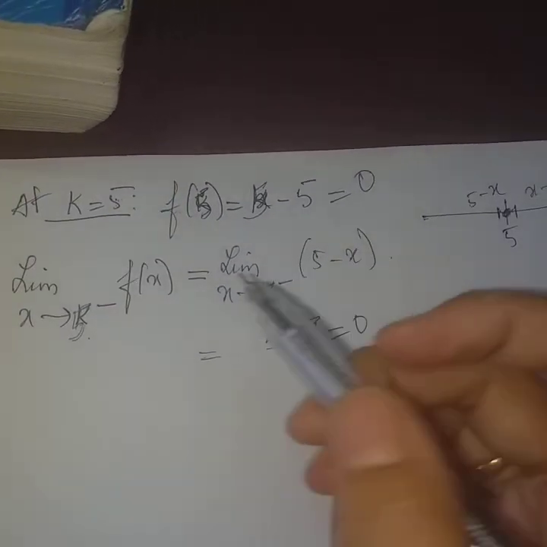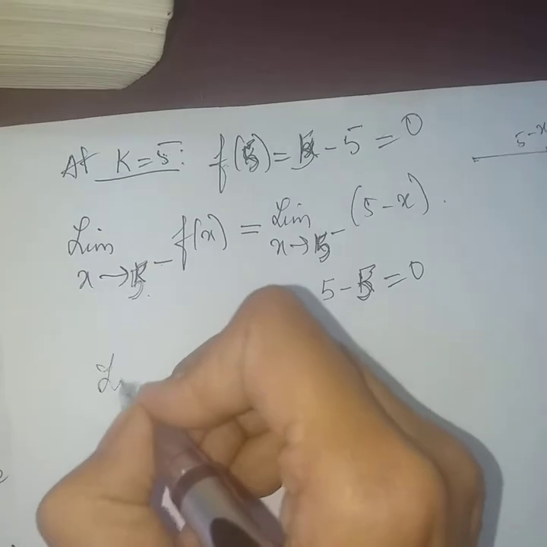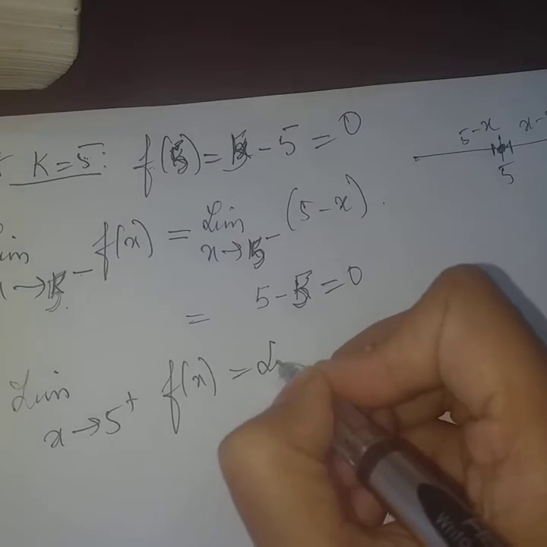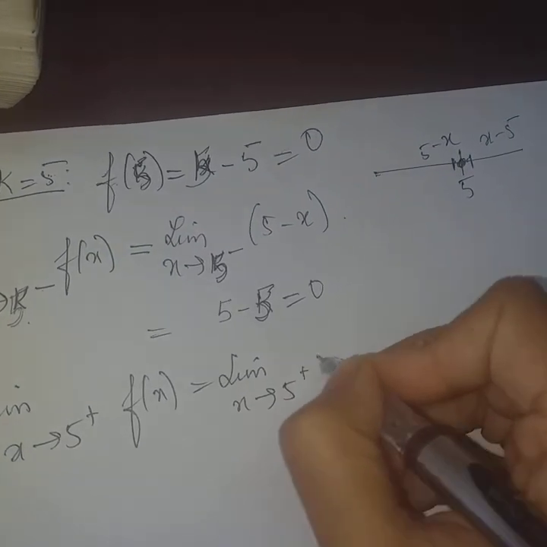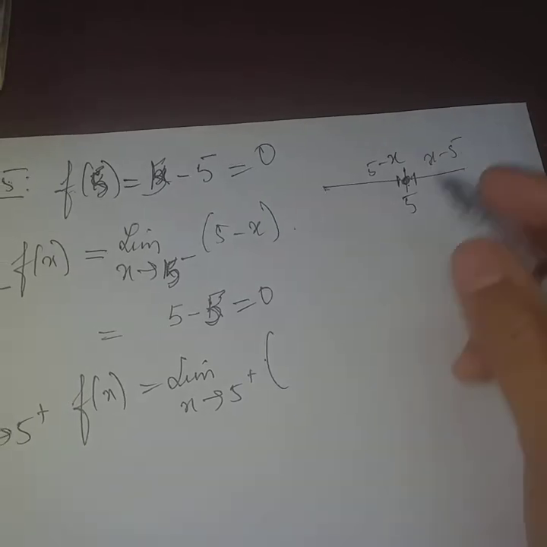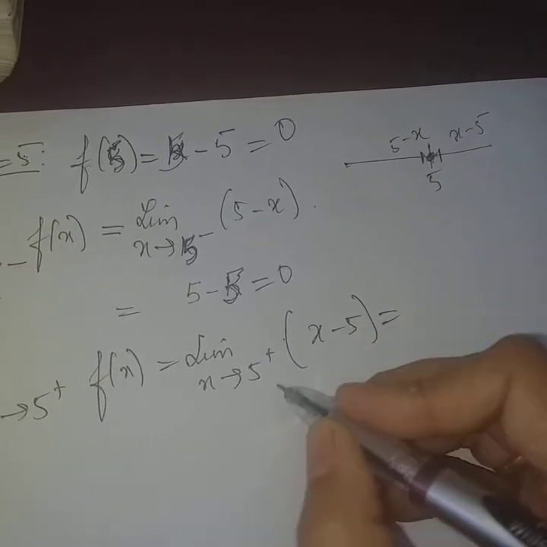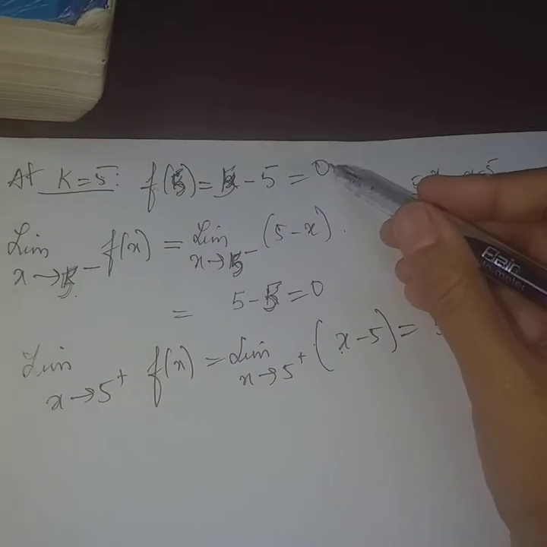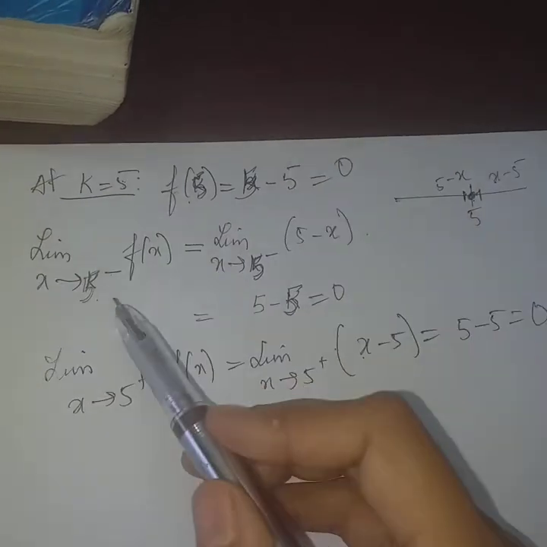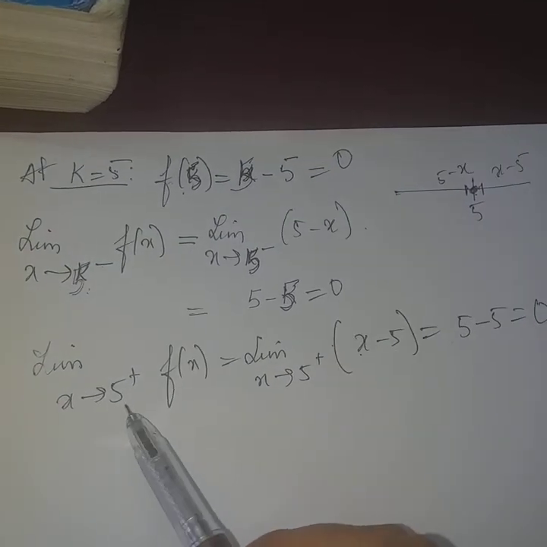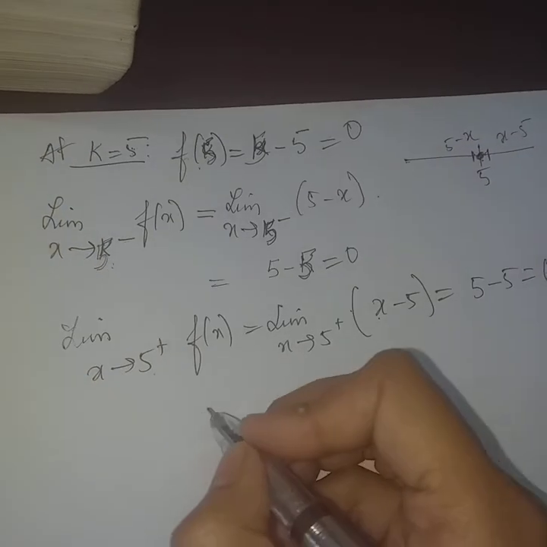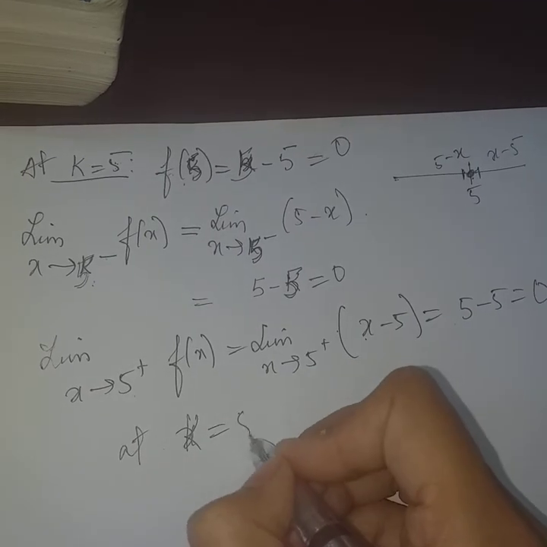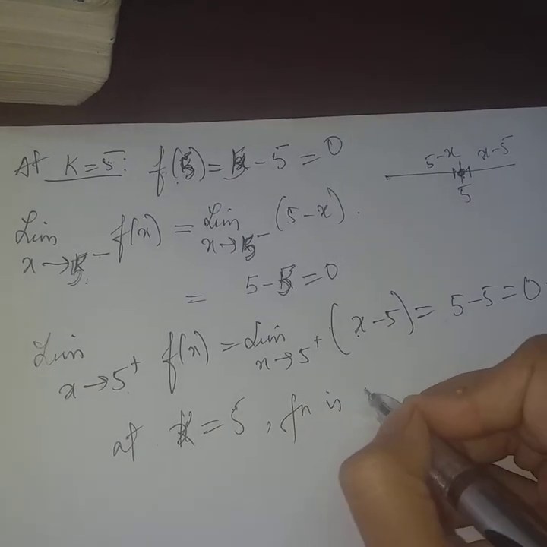At the point slightly less than 5, 5 minus 5 is 0. At the point slightly greater than 5, the function is x minus 5, so putting x to be 5, 5 minus 5 is 0. So f of 5 is 0, at a point slightly less than 5 it is 0, and at a point slightly greater than 5 it is 0. So at k equal to 5, the function is continuous.